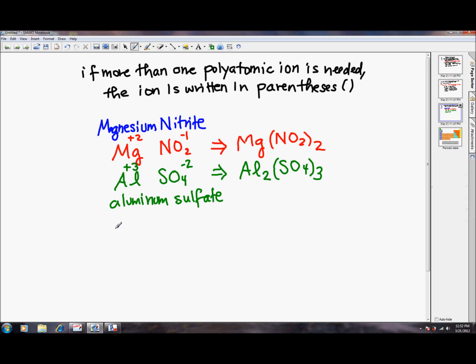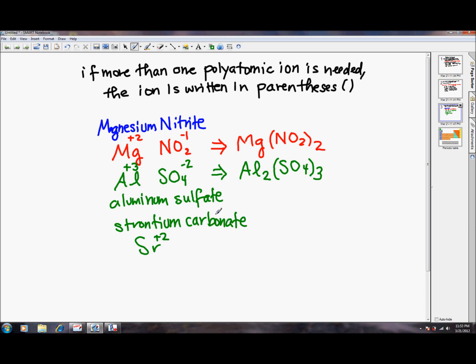For example, what about strontium carbonate? Okay, strontium, you look on your periodic table, that's Sr. It's +2.